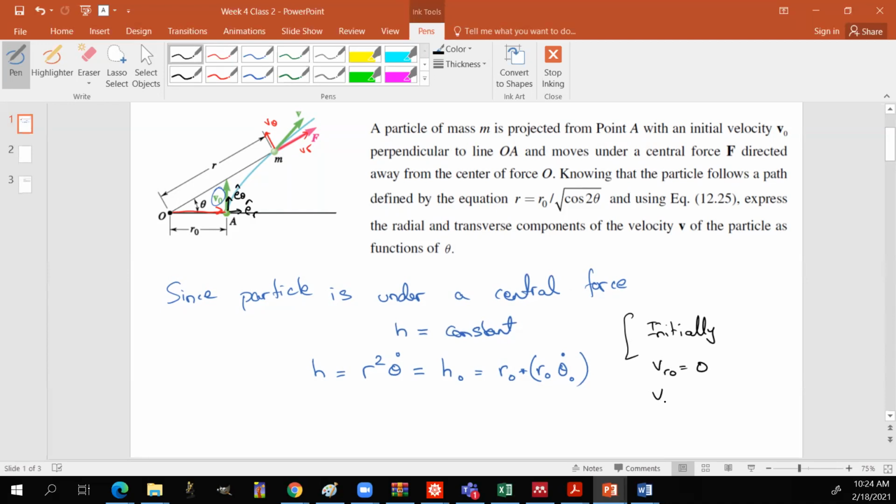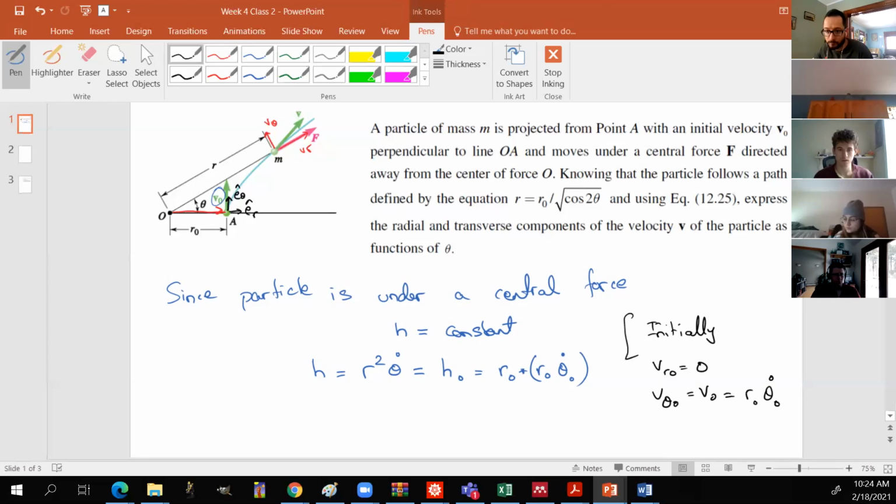And what's the velocity in the theta direction? It's just V naught, the scalar quantity associated with V naught. But we also know that in the theta direction, we can write the velocity as R naught times theta naught dot. Is that clear, everyone?